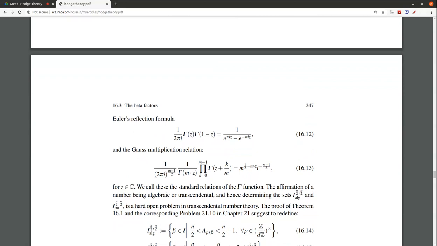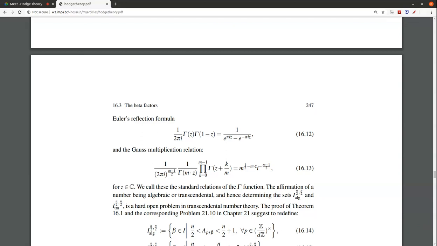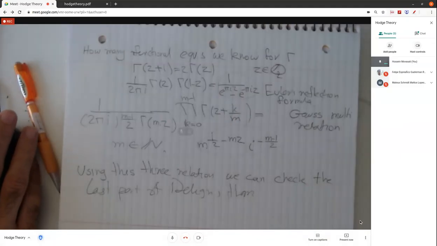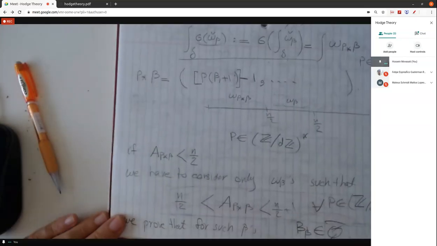The point is that in the last step of Lang's theorem, we didn't really prove this conjecture. We proved it for a very special combination of the values of the gamma function.